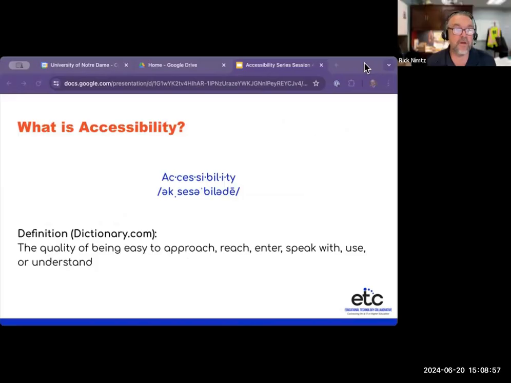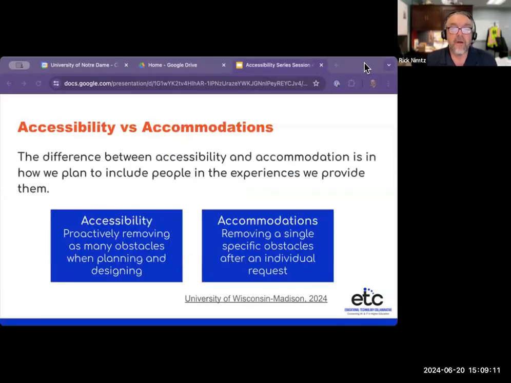So, what is accessibility? The dictionary definition says that it's being easy to approach, enter, and speak with ease, and just be able to be part of. The difference between accessibility and accommodation is really spelled out in a slide that we found at the University of Wisconsin-Madison.